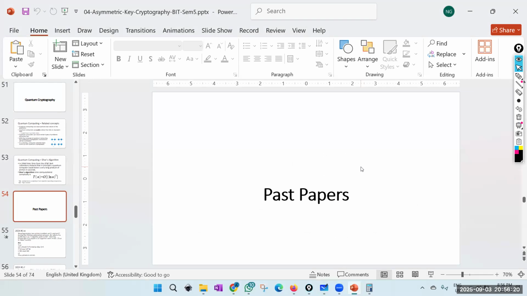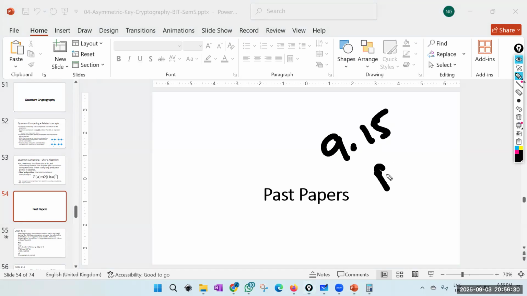We will start at 9:50. We will look at the small topic, quantum cryptography, and then we'll look at the past papers.